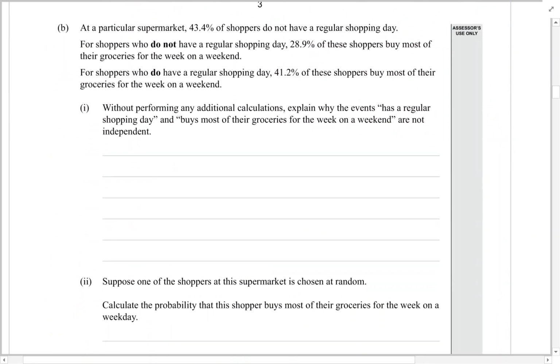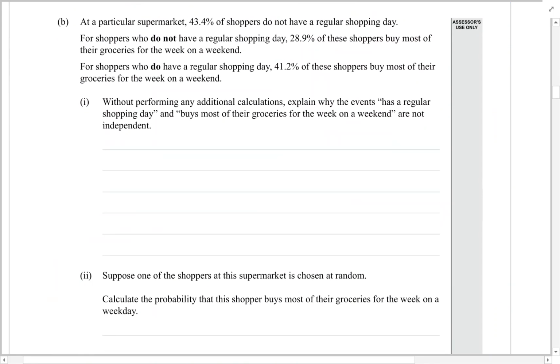Okay, on to part B. At a particular supermarket, 43.4% of shoppers do not have a regular shopping day. For shoppers who do not have a regular shopping day, 28.9% of these shoppers buy most of their groceries for the week on a weekend.